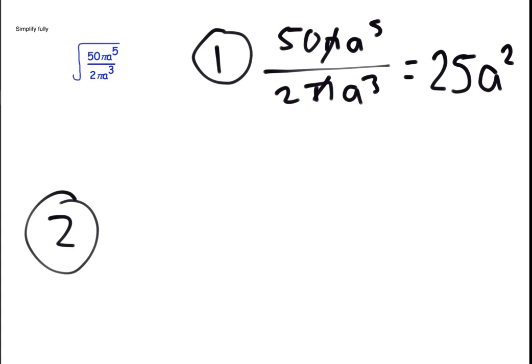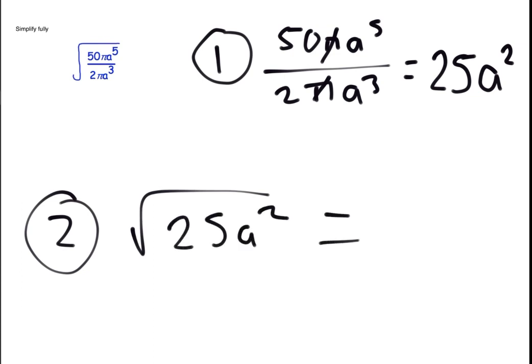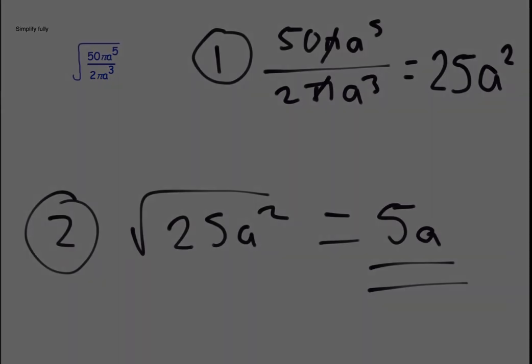We've just ignored it for the first part, but now we need to bring it back in and square root the answer we got from it. So square root simply means what will multiply by itself to give us 25a squared. So we know that would be 5a, and that's because 5a multiplied by 5a is 25a squared. And so we've been able to simplify fully a quite complicated looking fraction with a square root involved.